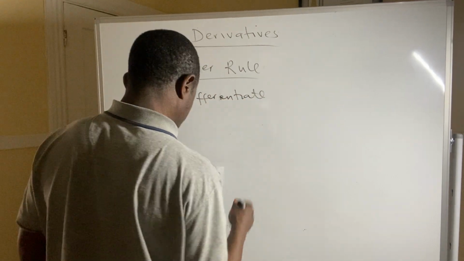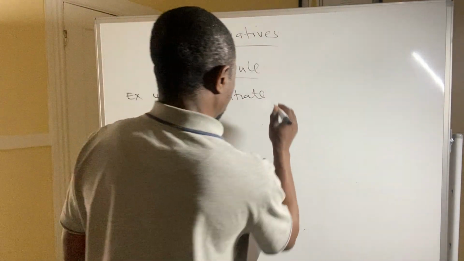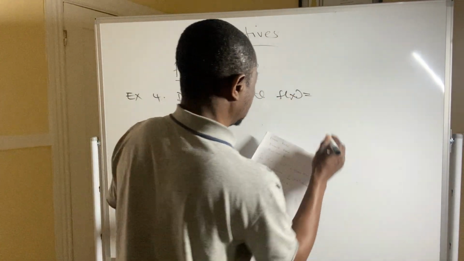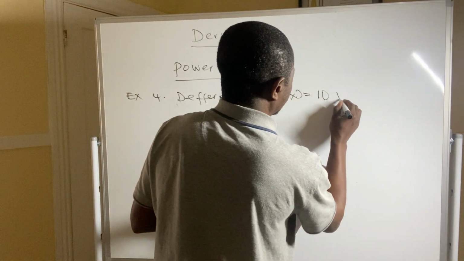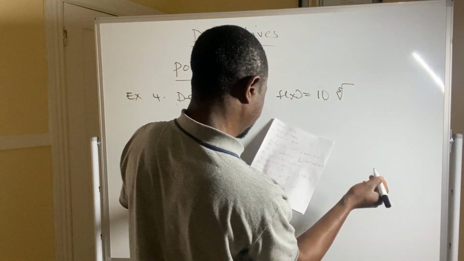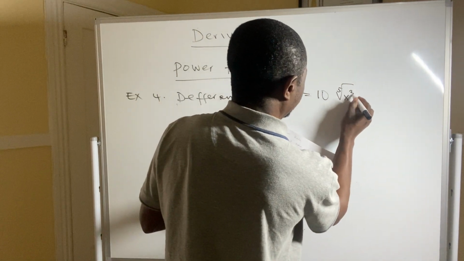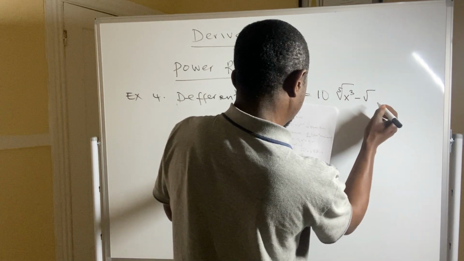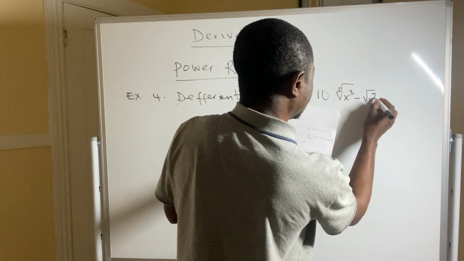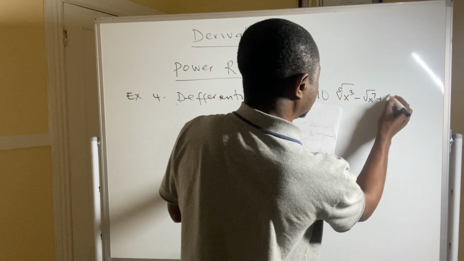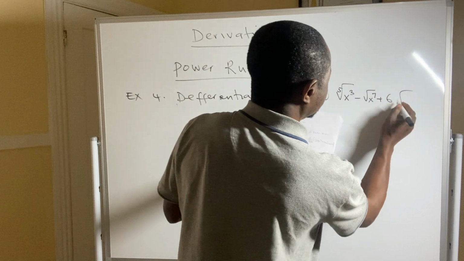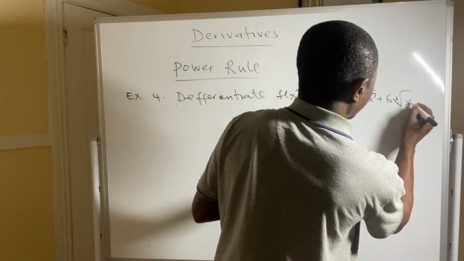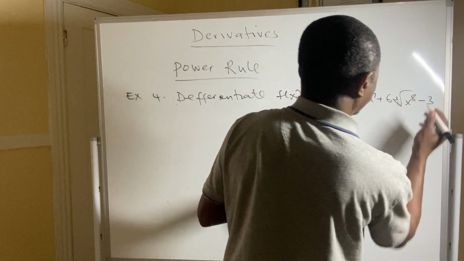Differentiate f of x is equal to 10 times the fifth root of x raised to the power 3, minus the square root of x raised to the power 7, plus 6 times the cube root of x to the power 8, minus 3.